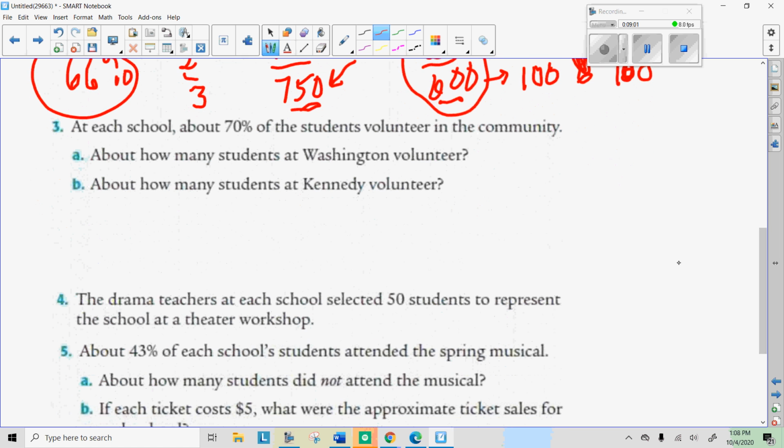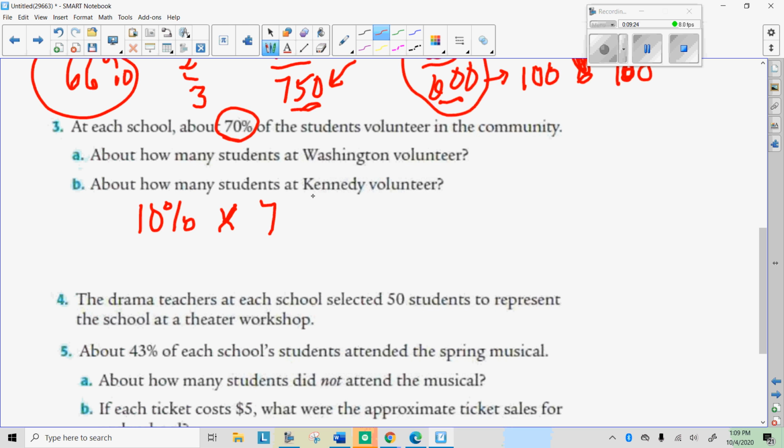Okay? On this next one, I'm going to teach you a 10% strategy. If you could figure out what 10% of something is, then, like if we want 70% here, you can just multiply that by 7, because 10% times 7 is 70.